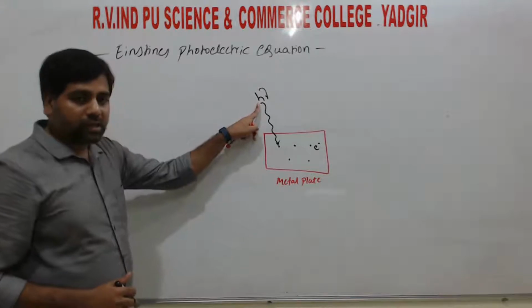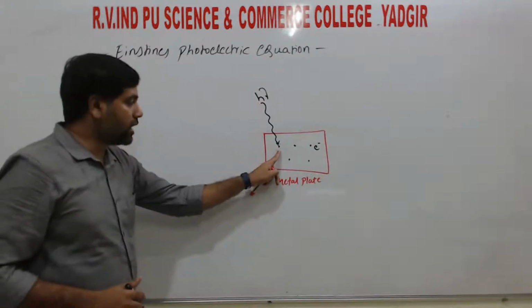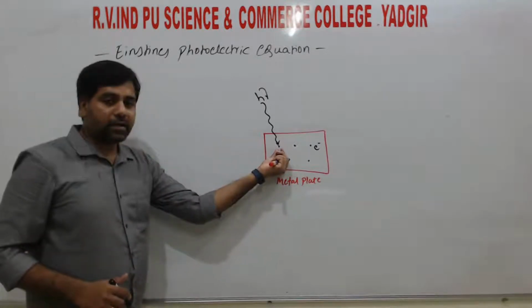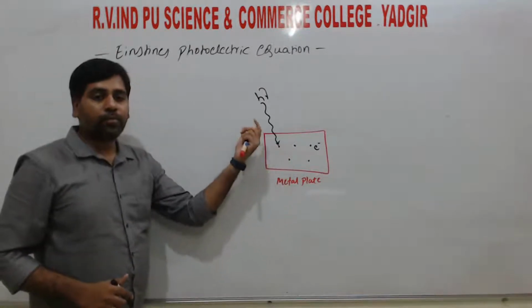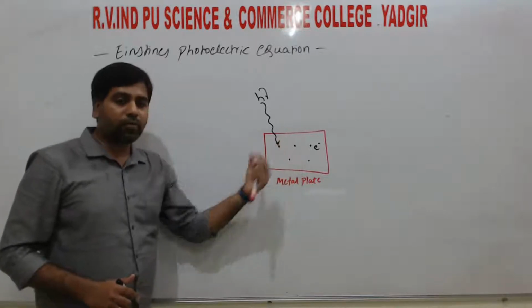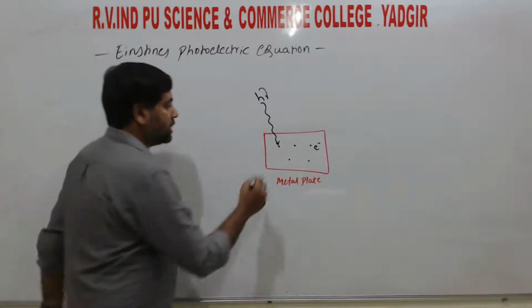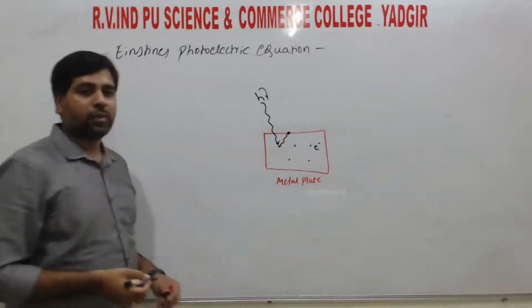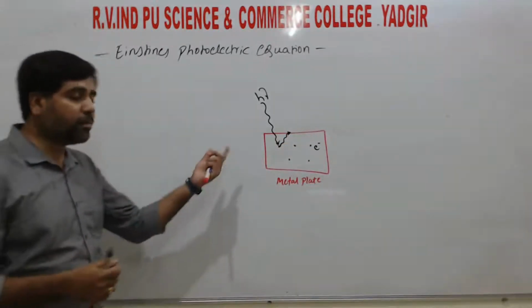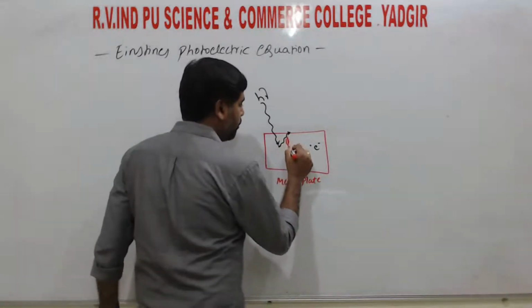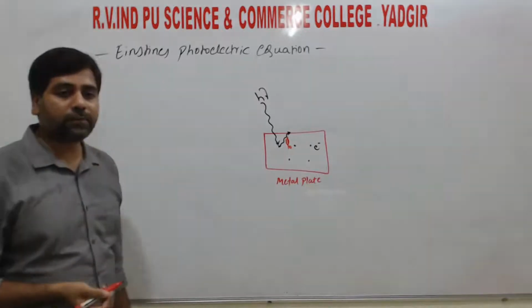So how much part of the energy is absorbed? Nothing but the minimum amount of energy which is needed to escape out from this metal surface. That minimum energy we call phi naught.